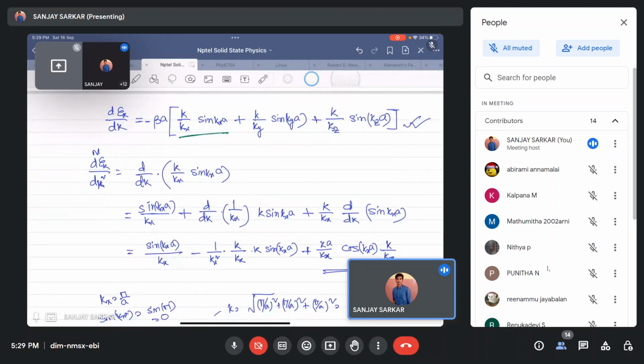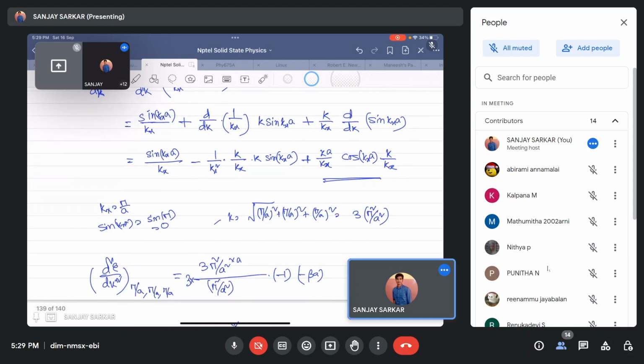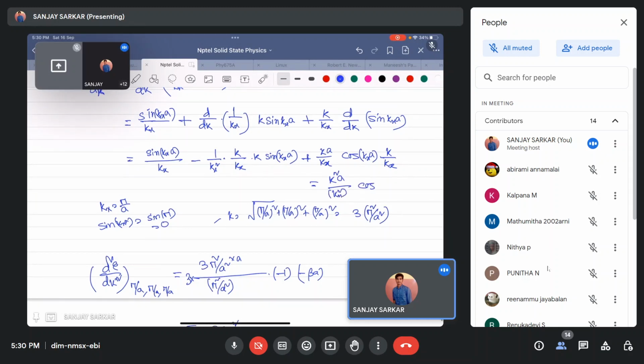So I think it is fine, right? So it will be k square a by kx square into cos kxa. Okay, if we write it down, k square a by kx square into cos kxa.